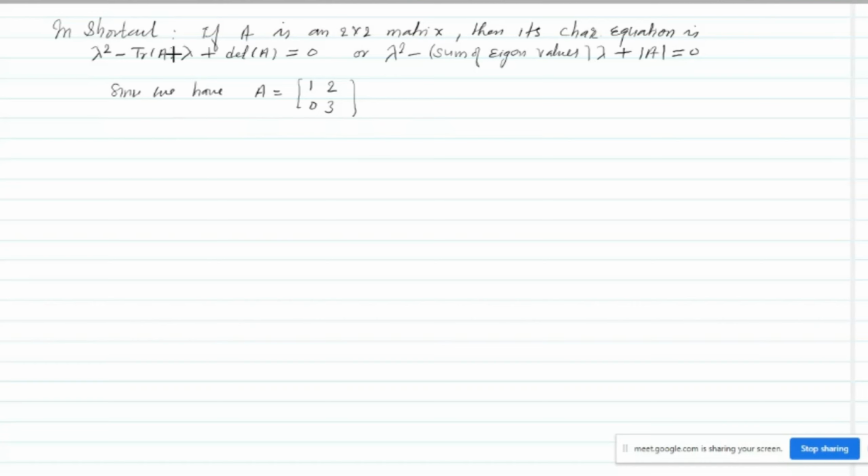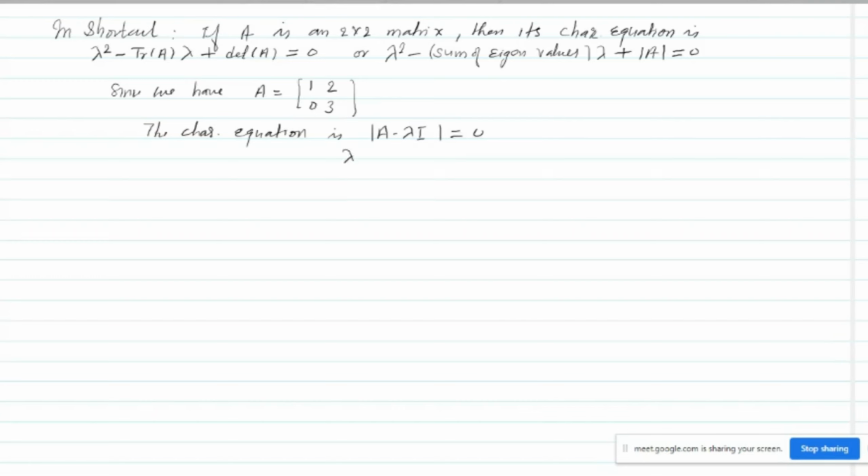Now the characteristic equation is given by, directly you write the characteristic equation. What is the characteristic equation? Determinant of A minus lambda I equal to 0. This is the formula.